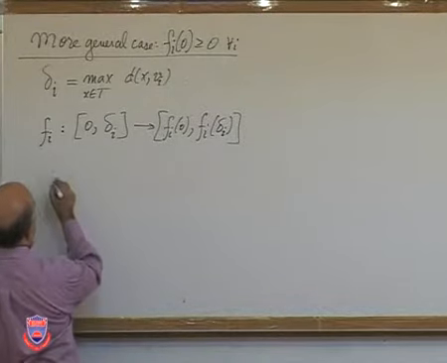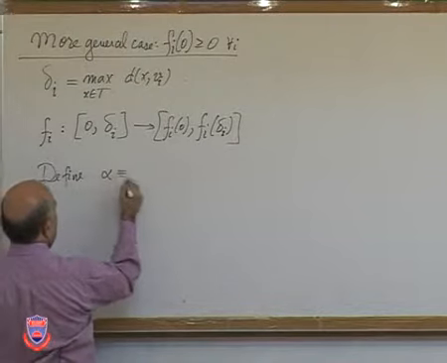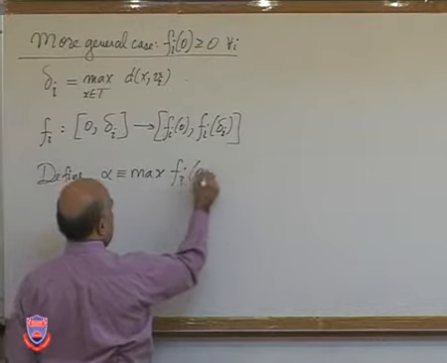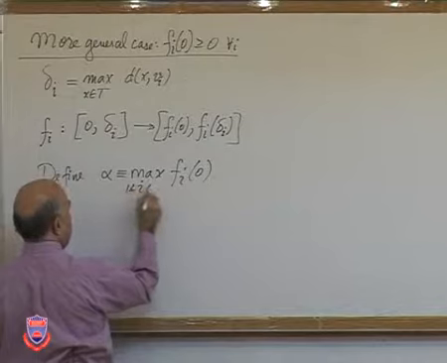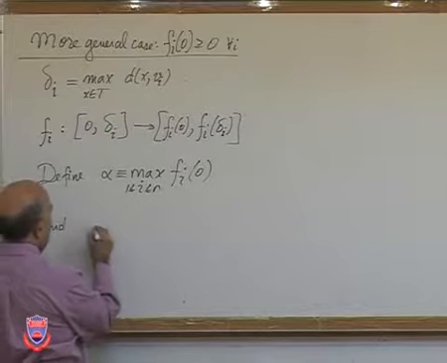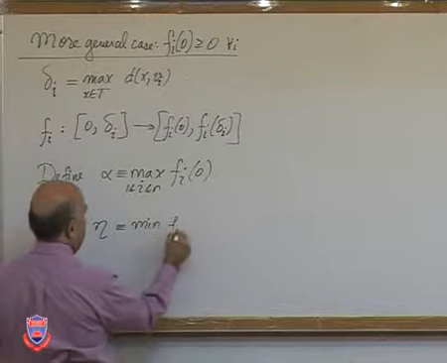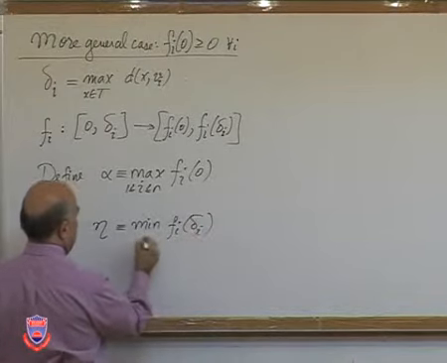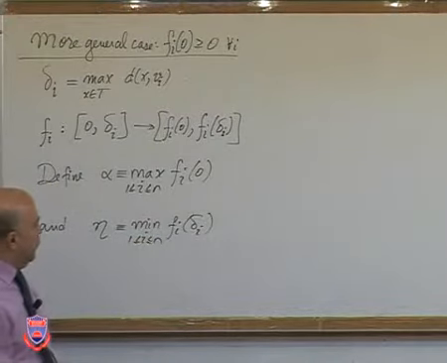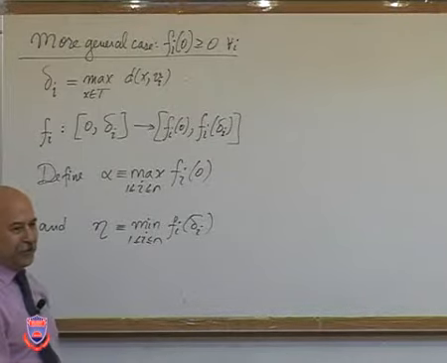Let's do a few more definitions. Let's define alpha as, in the previous case, the maximum of the Fi(0) values. And let's define eta to be the minimum of the Fi(delta i) values. Lots of Greek letters here, huh? Okay.